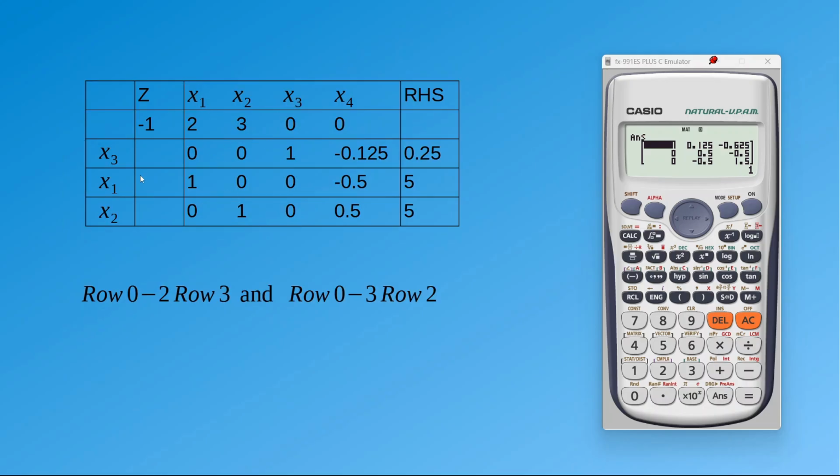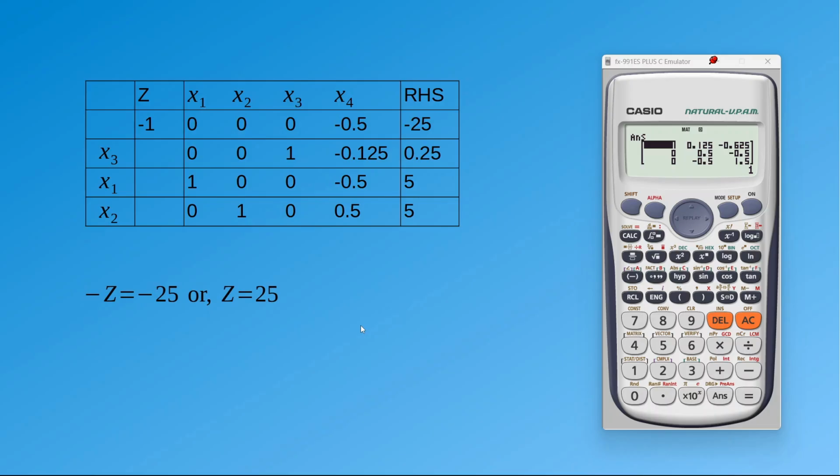Now again, remember one thing here, x3, x1 and x2 are the basic variables, as we got from the previous phase. Now the coefficients 2 and 3 have to be made 0. Why? Because these are the basic variables. For basic variables in row 0, the coefficient should be 0 to start with. So we have to do the row operations to eliminate it.